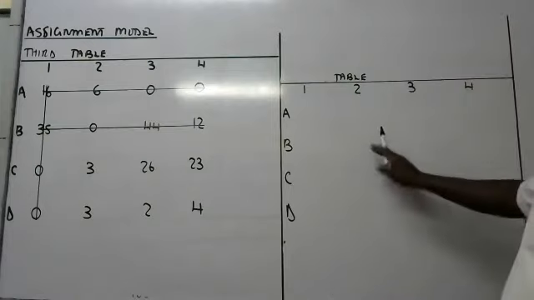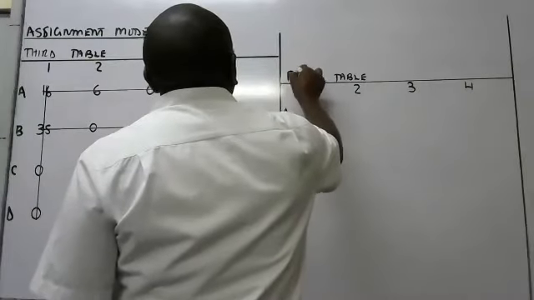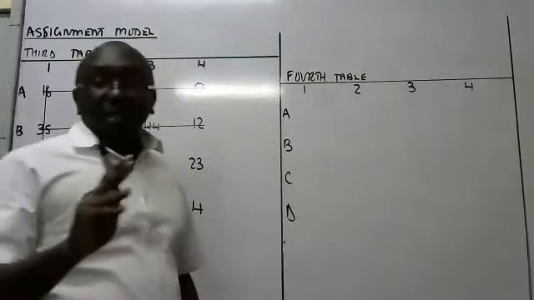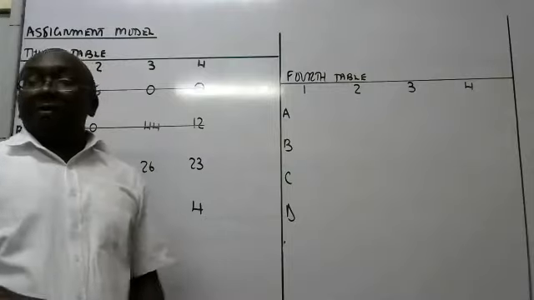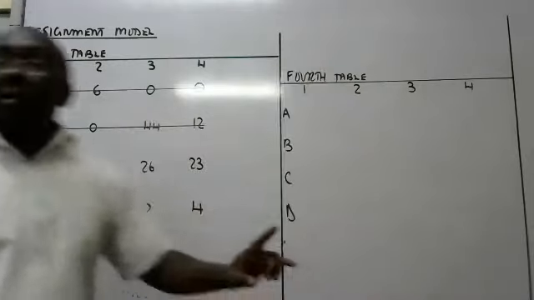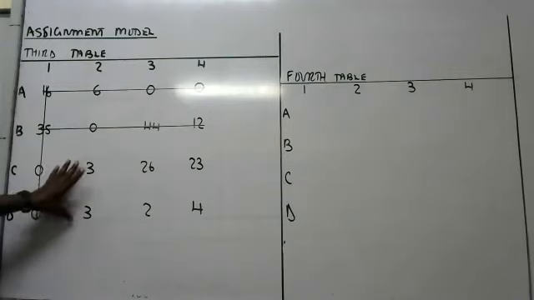So, in getting to fill the 4th table, there are 4 things that you need to do. One, you go back to the previous table. You look at the values that have not been crossed over by a line.